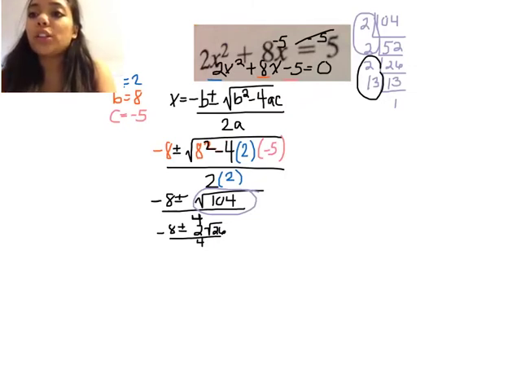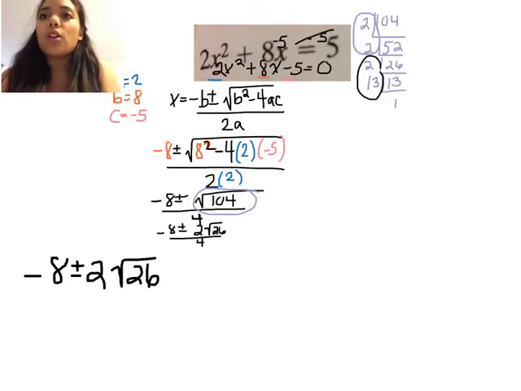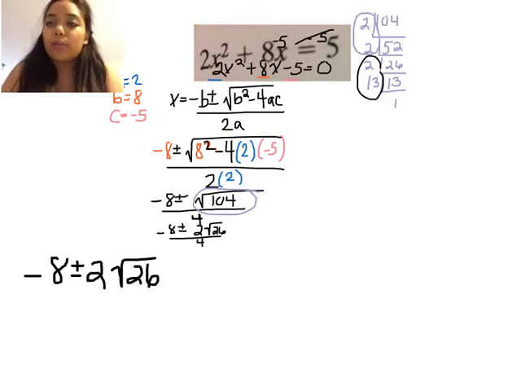So what you're going to do is you're going to look at your numerator. Your numerator is -8 plus or minus 2 the square root of 26. And you're going to think to yourself, what can I factor out of both monomials?